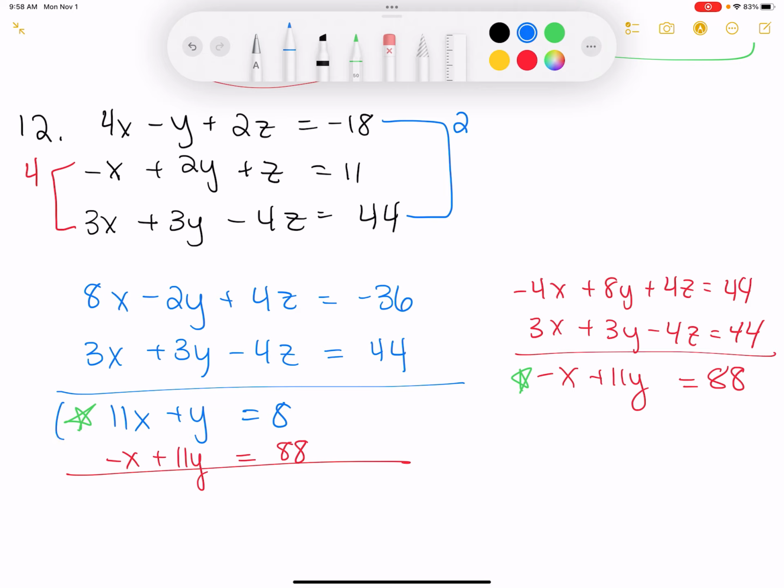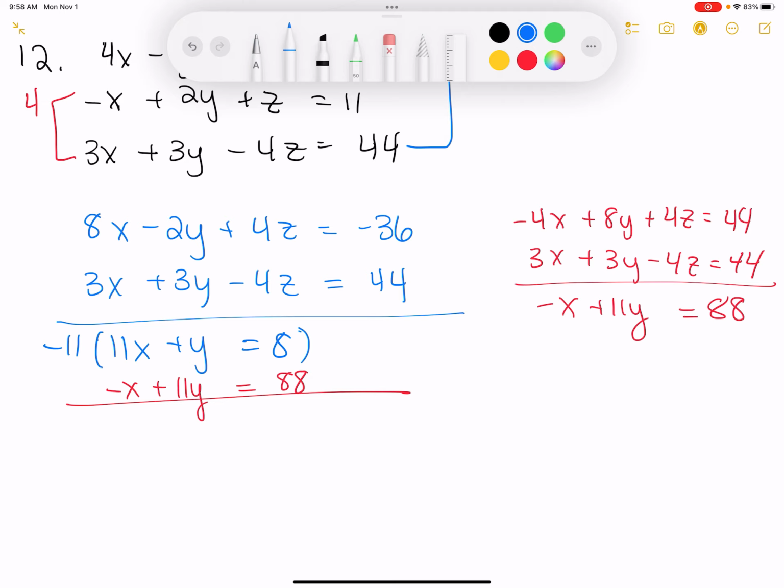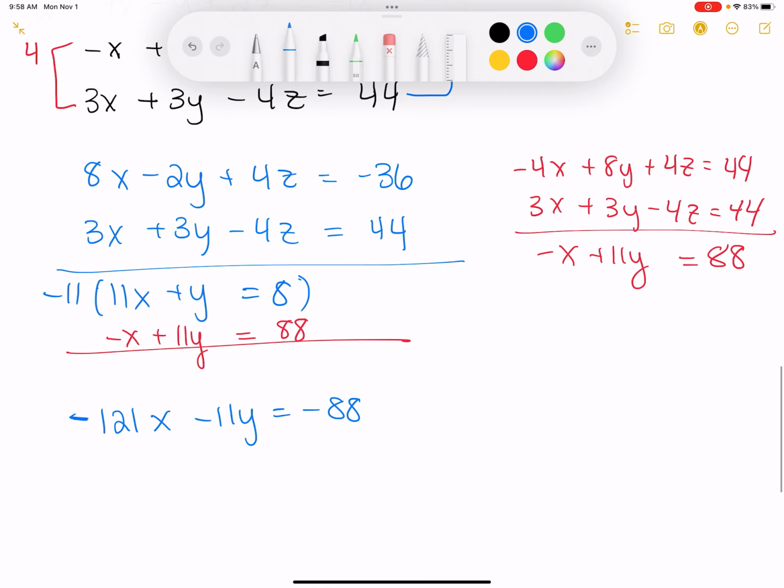Okay, I'm going to get rid of this little star now because we know where those are. So top by negative 11. So I've got negative 121x minus 11y is equal to negative 88. And this is just going to make everything so much nicer.